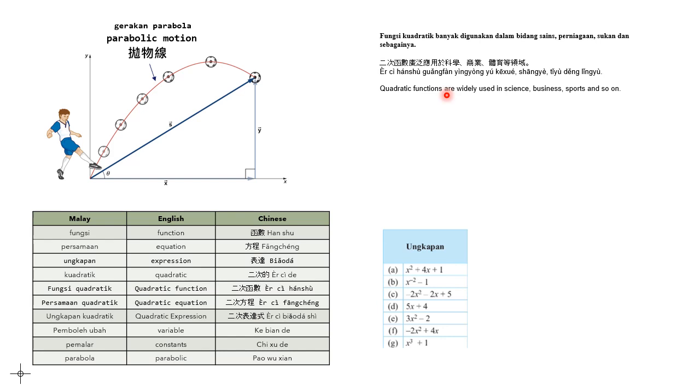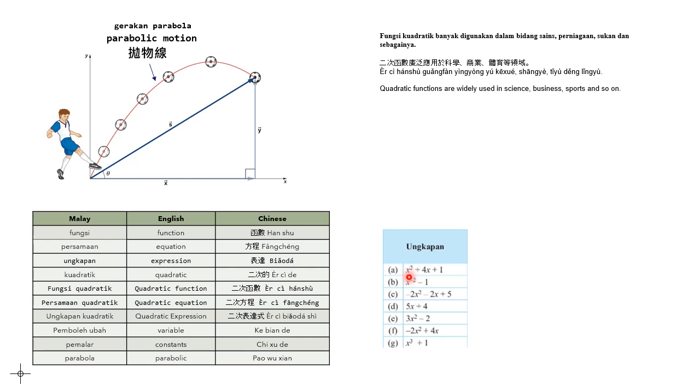So for quadratic equations, the first thing is you have to identify, memastikan, okay, sesuatu ungkapan itu mempunyai only satu pemboleh ubah. Dalam case A, pemboleh ubah ialah X. Okay, so X kuasa 2 berdepan dengan X kuasa 2 biasanya ialah 1.